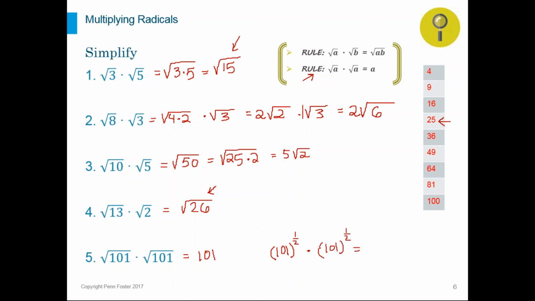And we learned that when we multiply the same base, we add the powers. So 101 to the first is the same as saying 101. That's why when you multiply a square root times the square root itself, it will get you whatever is under the square root sign.